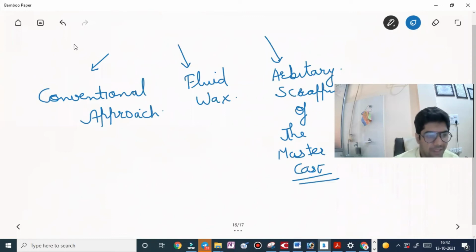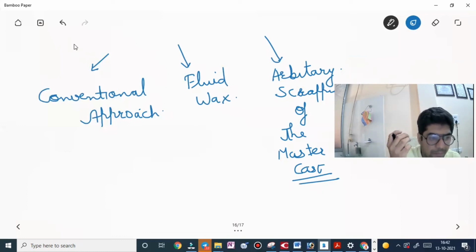It is done after the impression is made and the master cast is poured. We fabricate a trial base using a shellac base plate or a self-cure resin. The patient is asked to sit in an upright position and rinse his mouth with some astringents.